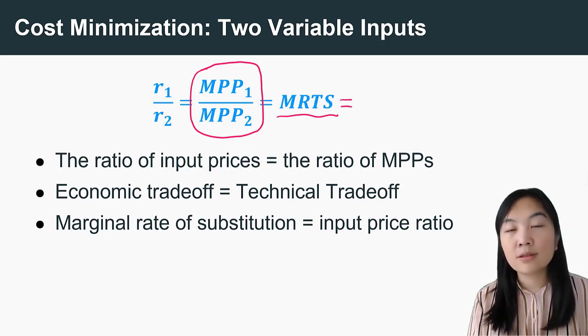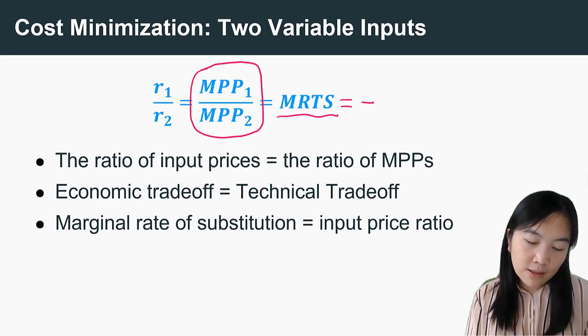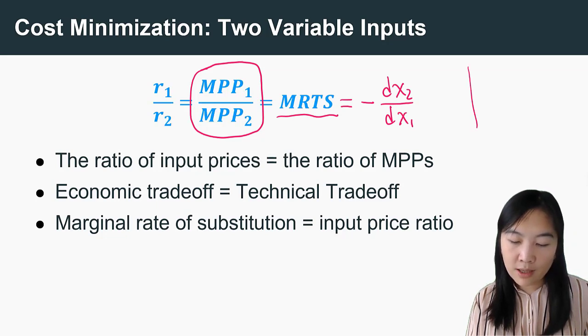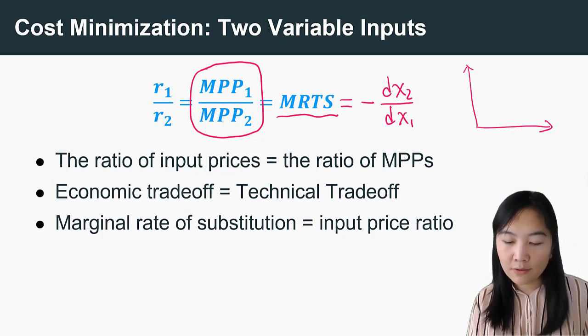This RTS is defined as the negative of the slope of X2 with respect to X1, that is, the negative of the slope of the isoquant.